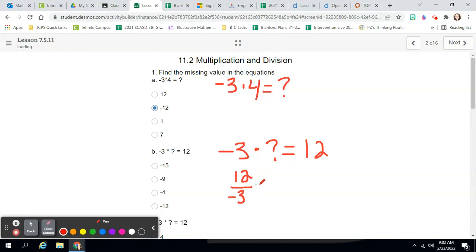First off, I see I'm dividing a positive and a negative, and I know that to get this positive, this has to be a negative. So my answer is going to be negative. And 12 divided by 3 is simply 4, so I know -3 times -4 is +12. So my answer is -4.